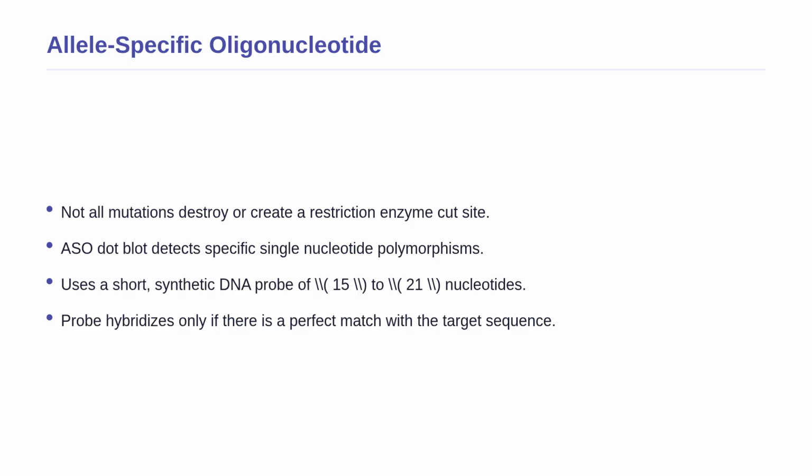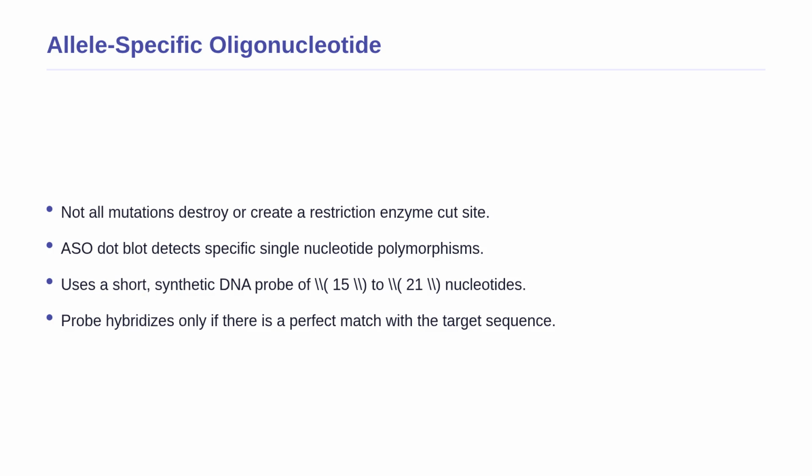Now that we have seen how RFLP works, we must address its limitation. Not all mutations destroy or create a restriction site. This leads us to the allele-specific oligonucleotide, or ASO, dot blot method. Imagine you have 2 identical-looking keys, but one has a microscopic scratch that makes it fail to open a lock.